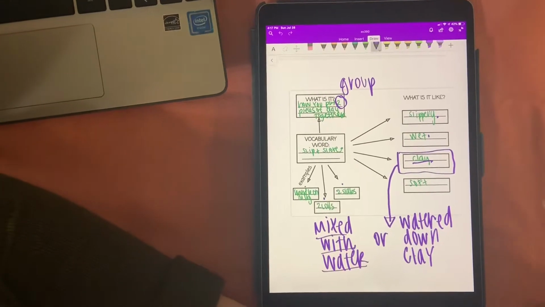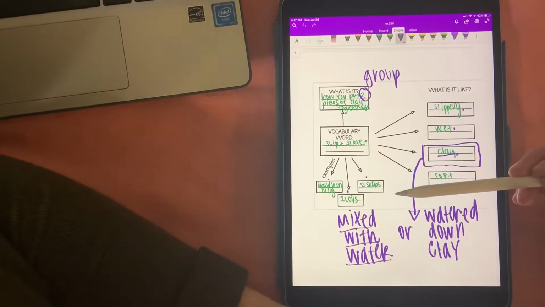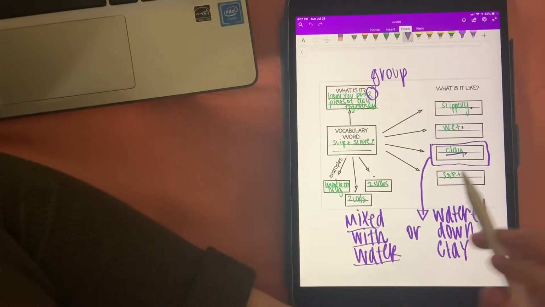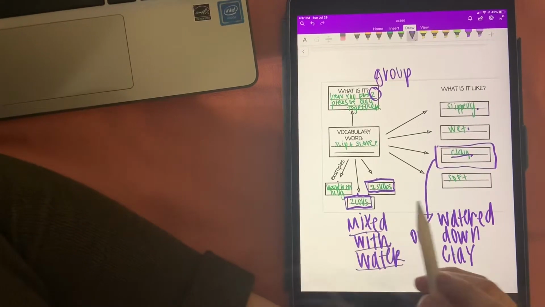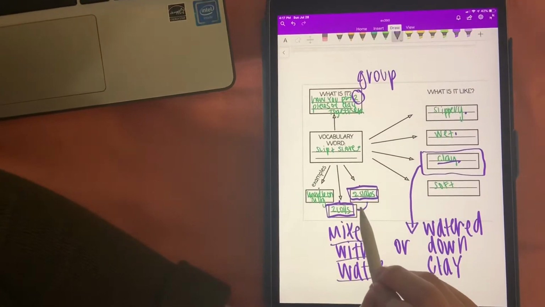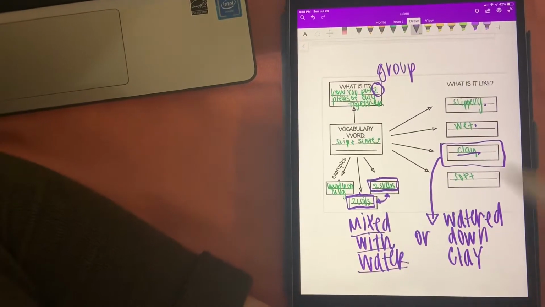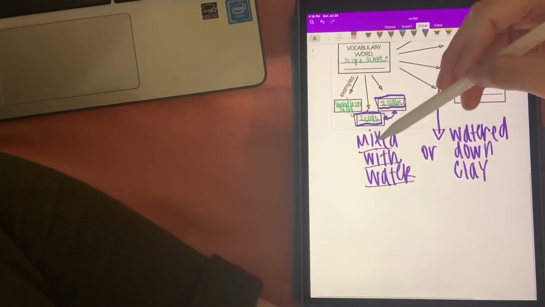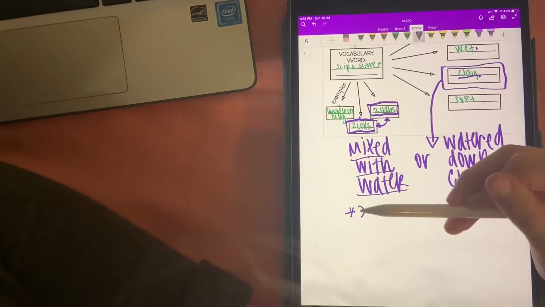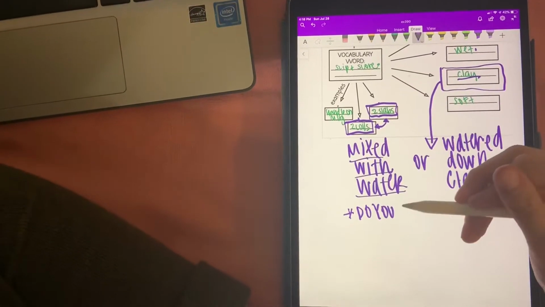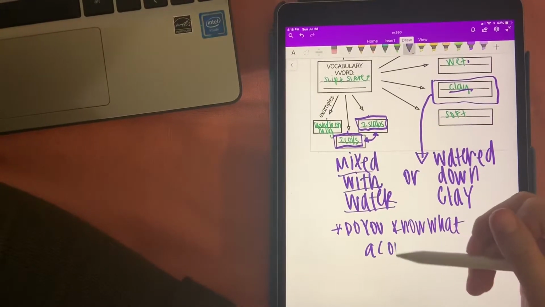So I am also going to point out here that there are some other content-specific vocabulary that they read from the book. That would be slabs and coils. Those are 2 other vocabulary words that the student may understand or may not understand. So I might ask them, I might put down here, do you know what a coil is?